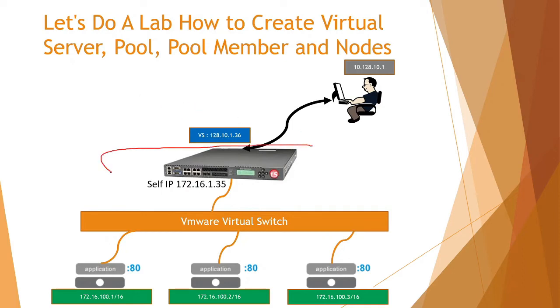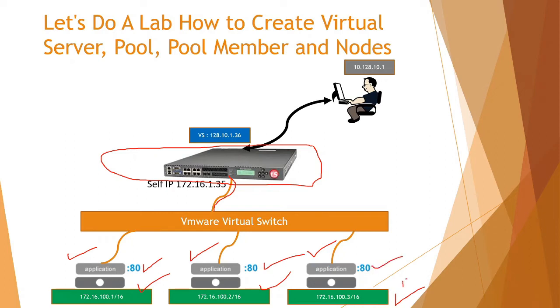I have one BIG-IP device, connected to a virtual switch, because I have configured it in a VMware environment, and I have configured three servers: server 1, server 2 and server 3, and the IP addresses of my servers are 172.16.100.1, similarly 172.16.100.2 and 172.16.100.3. So these IPs will act as a node, right? And if we add a port, it will become a pool member.